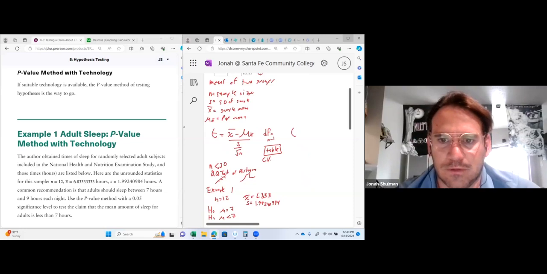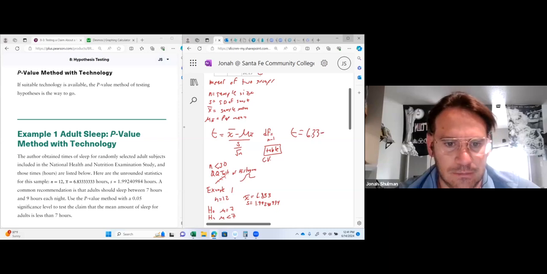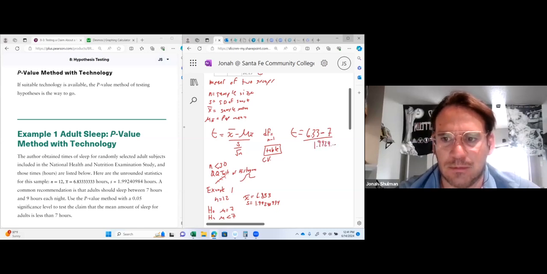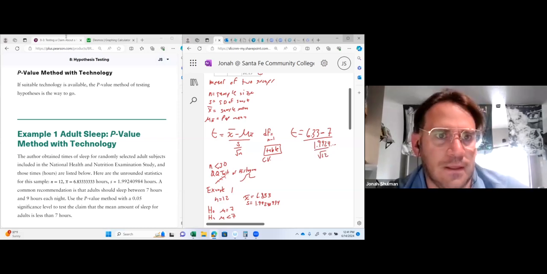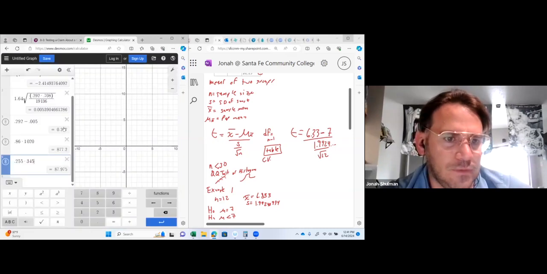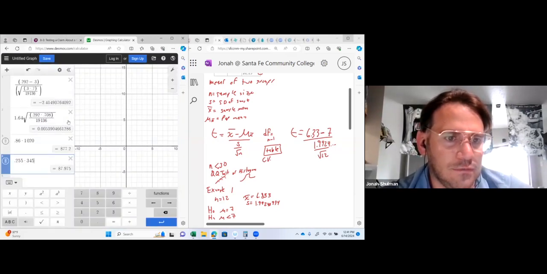So the t-statistic is 6.833 minus 7 over 1.9924, blah, blah, blah, and then we have to do this over the square root of 12. So that's going to be our first thing.